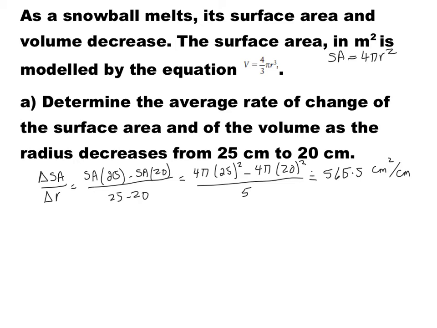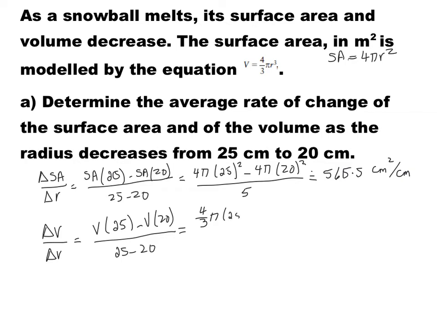Now to find the rate of change of volume, we say delta V over delta R is equal to V of 25 minus V of 20 over 25 minus 20. This one is 4 over 3 pi 25 cubed minus 4 over 3 pi 20 cubed divided by 25 minus 20, which is 5.